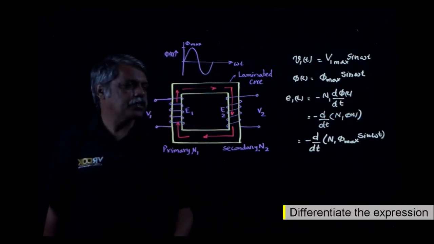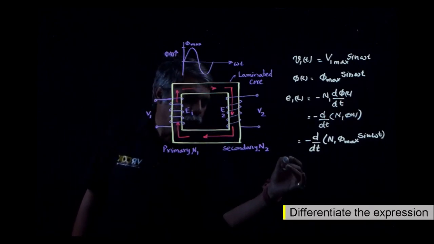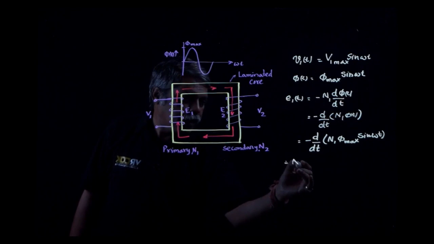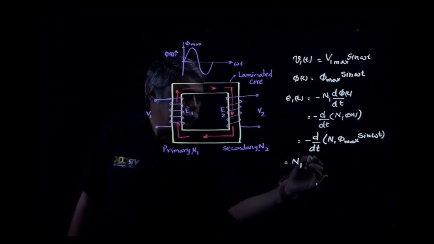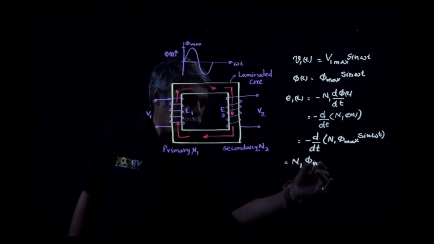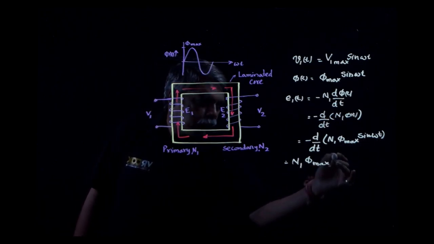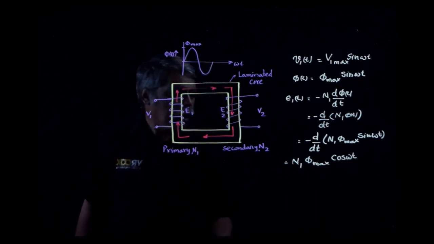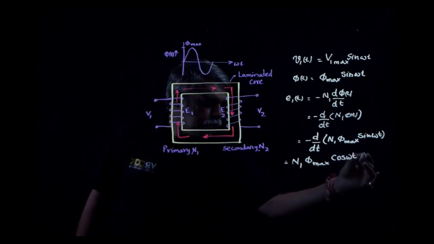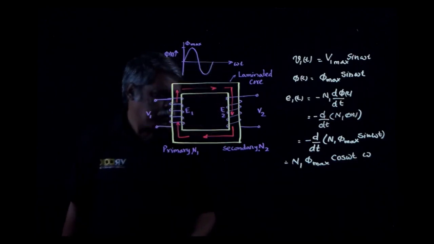Differentiating with respect to time, N1 and phi max being constants, I can write them outside. The differential of sine omega t is cos omega t, times omega.